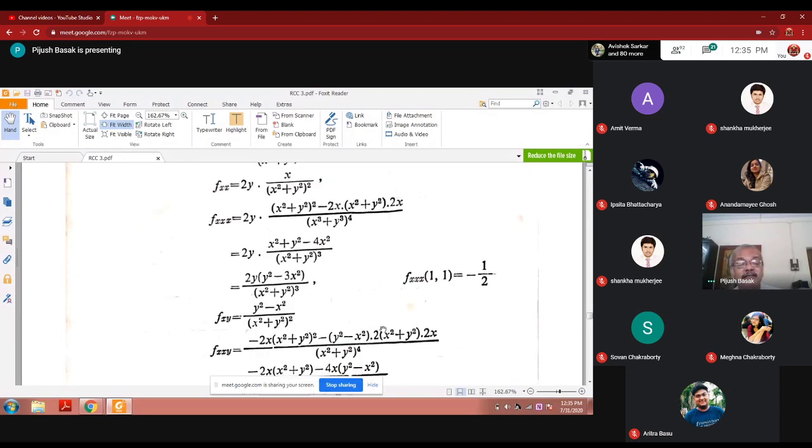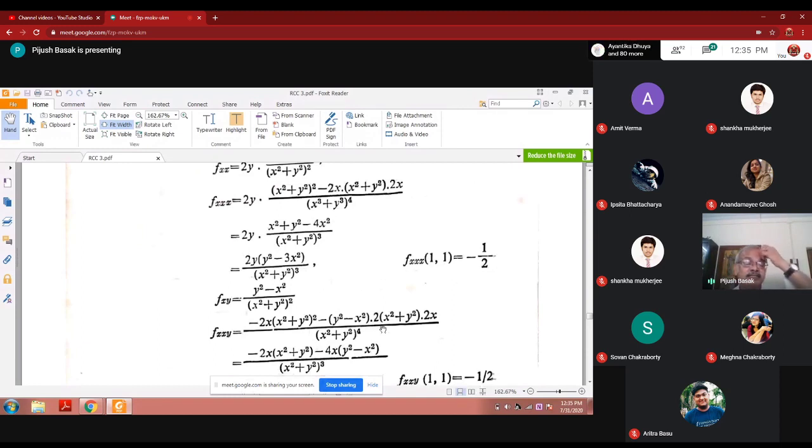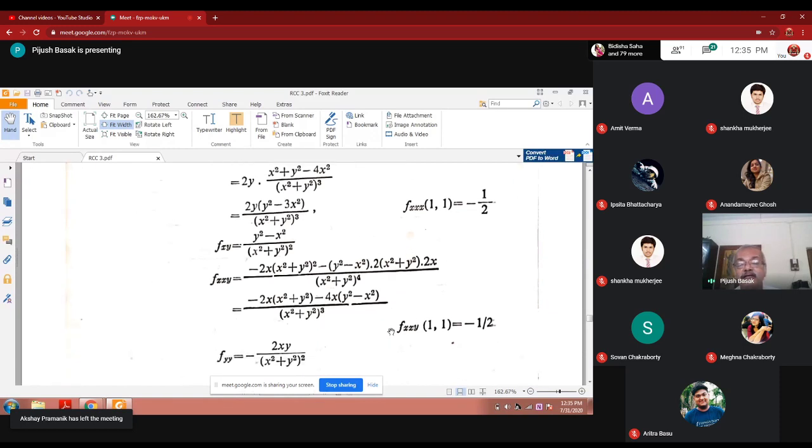And fxxy, so fxy is this. Again, differentiating partially with respect to x, you will get this. It's very clear because by the u by v method, y square minus x square is u, and (x square plus y square) whole square is v. So by the u by v method you will get fxxy, and so fxxy at (1,1) is minus half.